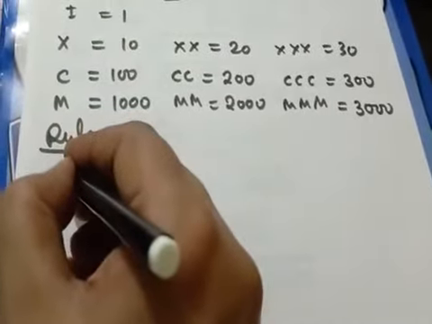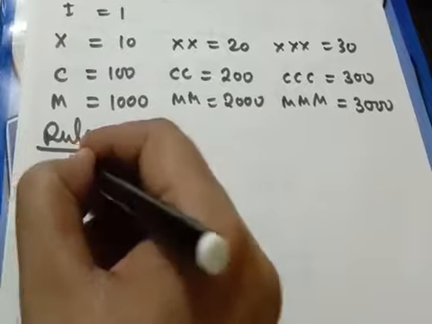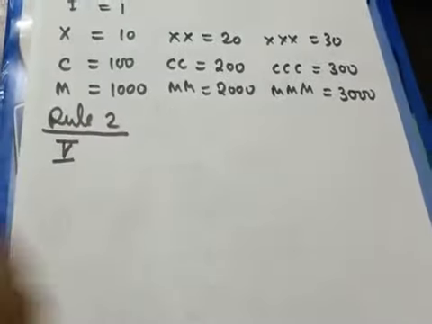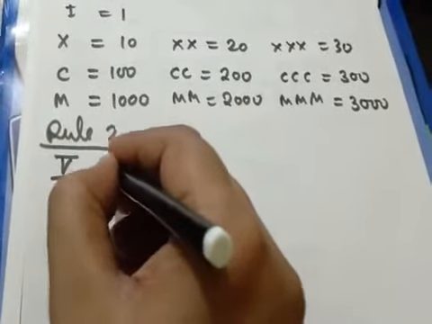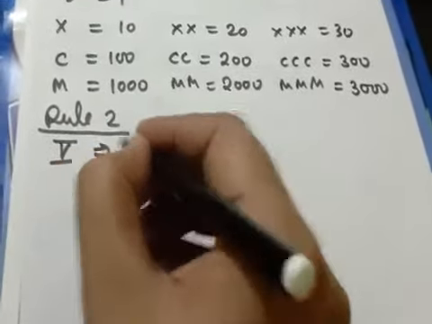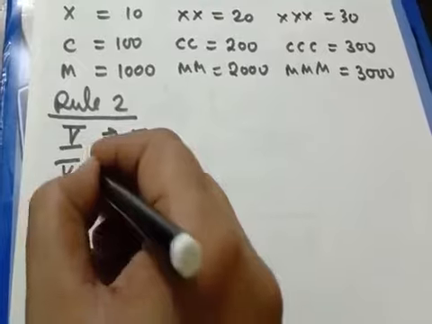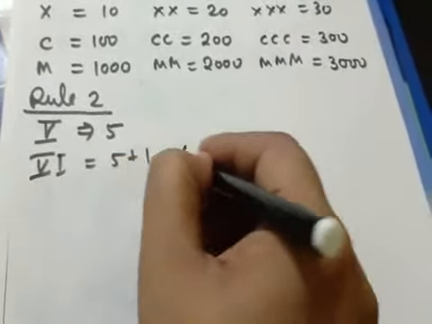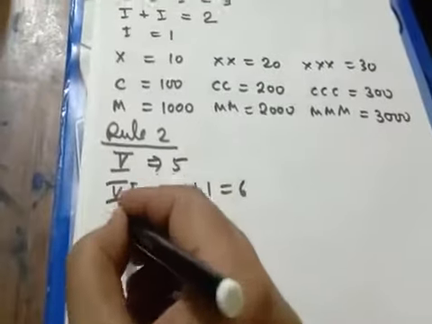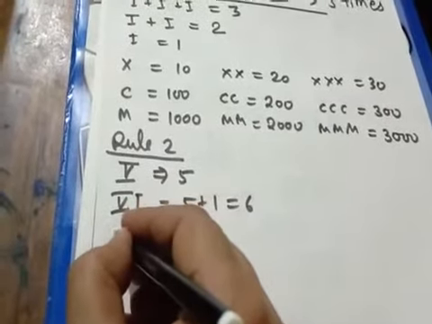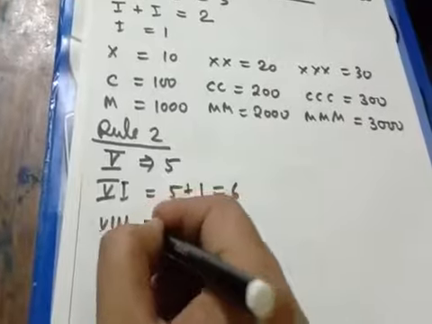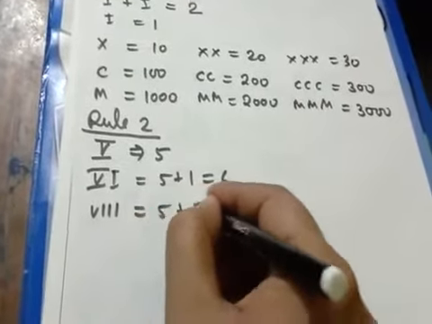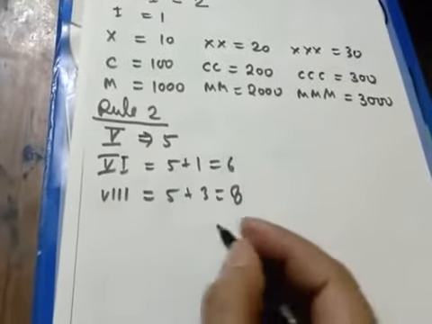Suppose we take 5 in Roman, V. If we write the symbol I after it, this becomes 5 plus 1 is equal to 6. Since we can repeat I, it becomes 5 plus 3, which is 8.